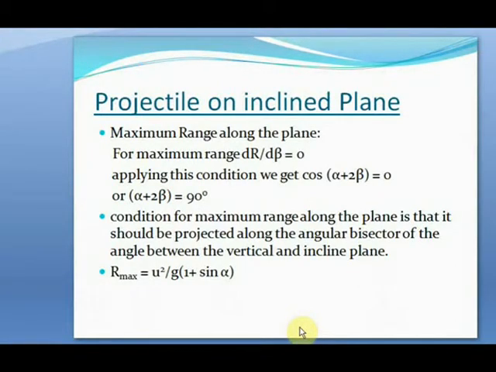Now let's find out the value of maximum range, that is R max. This value comes out to be u square by g into 1 plus sine alpha. Now let's derive this expression. So the value of R is 2u square by g cos square alpha into sine beta into cos alpha plus beta.